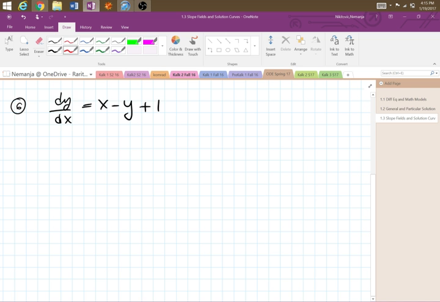But we can solve this using what we call slope fields, and create the slope field and then draw solution curves through this. So let's see how that works. First of all, I'm going to understand that this thing over here is related to slope.